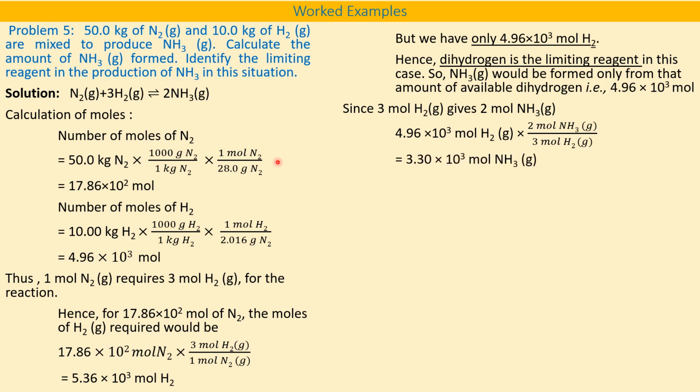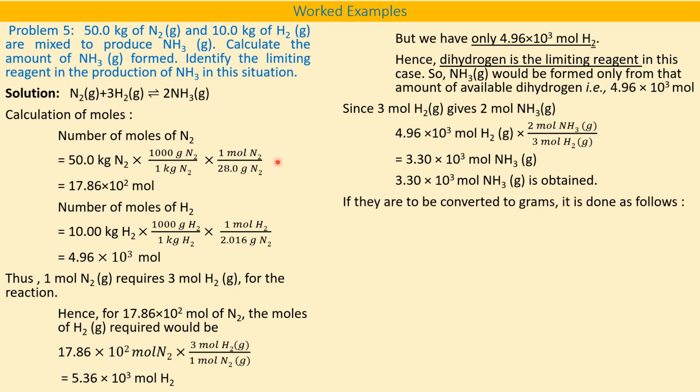That is equal to 3.30 × 10^3 moles of NH3. Thus, 3.3 × 10^3 mole NH3 is obtained. If they are to be converted into grams, it is done as follows.